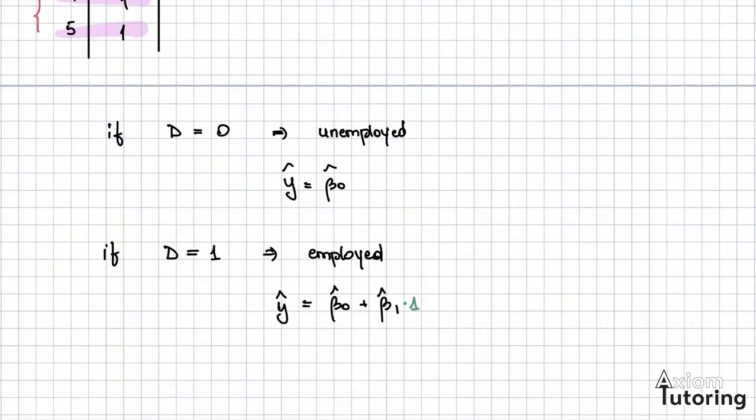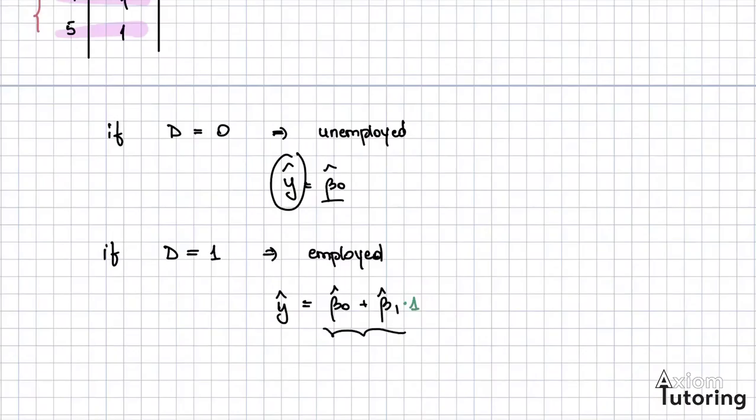So if I'm having the average y hat in here, let's say that y is happiness, and we're trying to see whether happiness depends on whether you're employed or unemployed. Well, for unemployed people, the prediction that we have here is this y hat being equal to beta 0 hat. And then for people who are employed, that level of predicted happiness now all of a sudden is this beta 0 plus beta 1 hat.